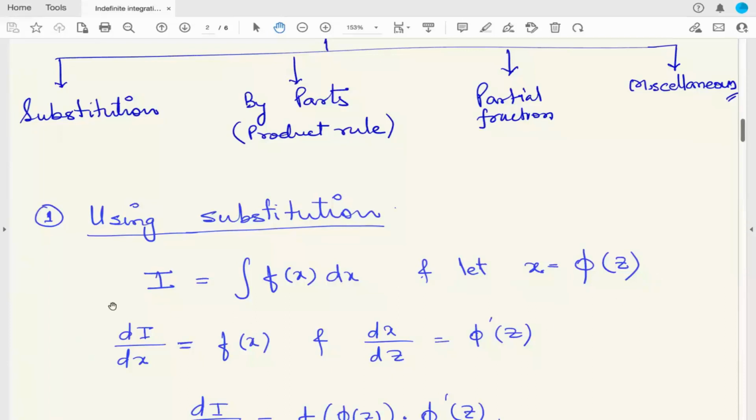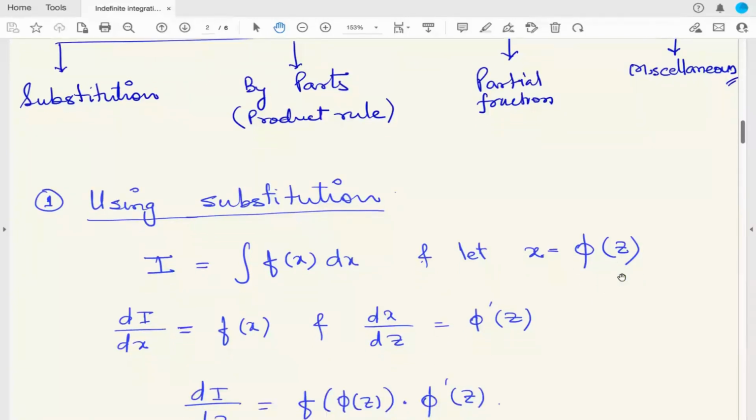So if we differentiate this function, I is equal to the integral of f(x) dx, we get dI by dx is equal to f(x). So this is our value of f(x). And when we do dx by dz, we get phi prime z.